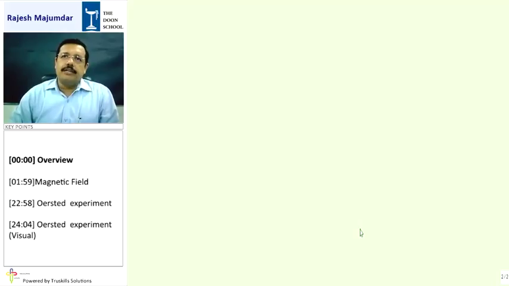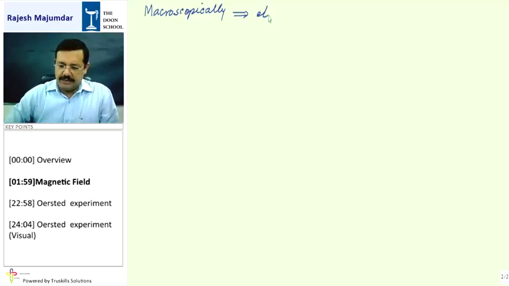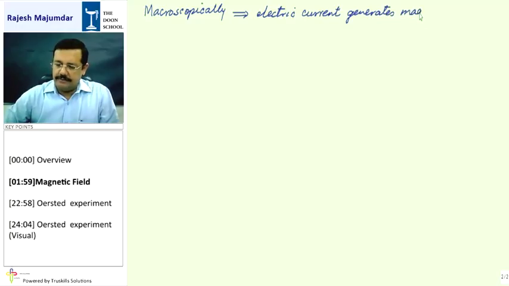Macroscopically, if we observe in a bigger, larger manner, then we find that electric current generates magnetic field.